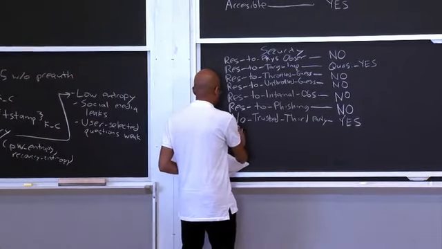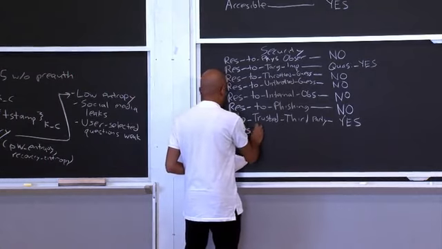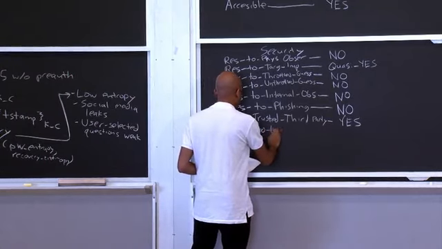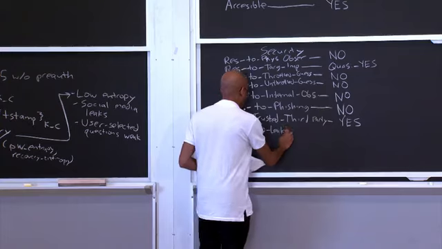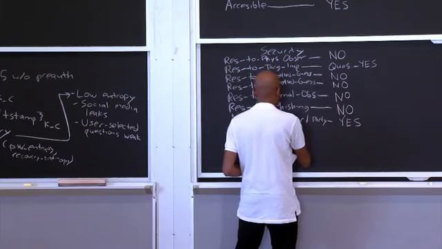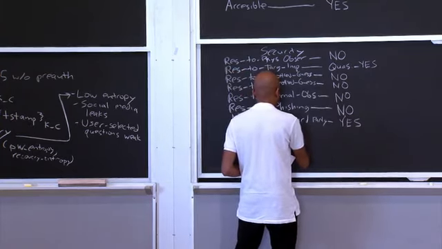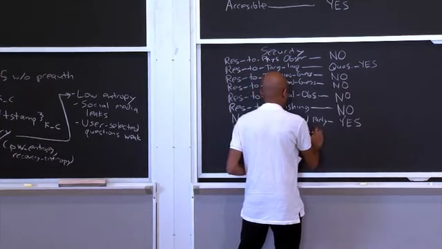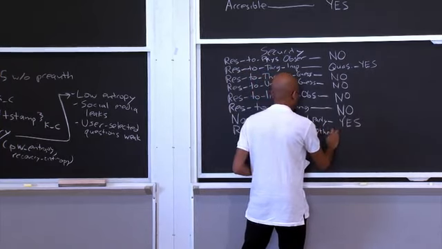A related property is resilience to leaks from other verifiers. And by verifiers, they just refer to these services that you're authenticating to.